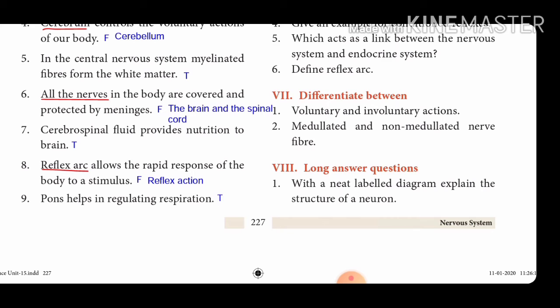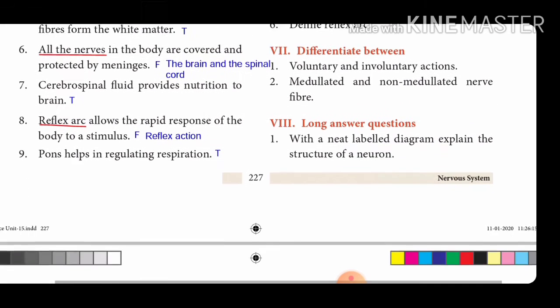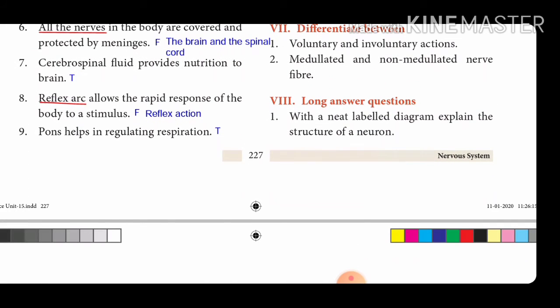Seventh one, cerebrospinal fluid provides nutrition to the brain. So true. Eighth one, reflex arc allows the rapid response of the body to a stimulus. It's a false statement. Here instead of reflex arc, we write reflex action there.